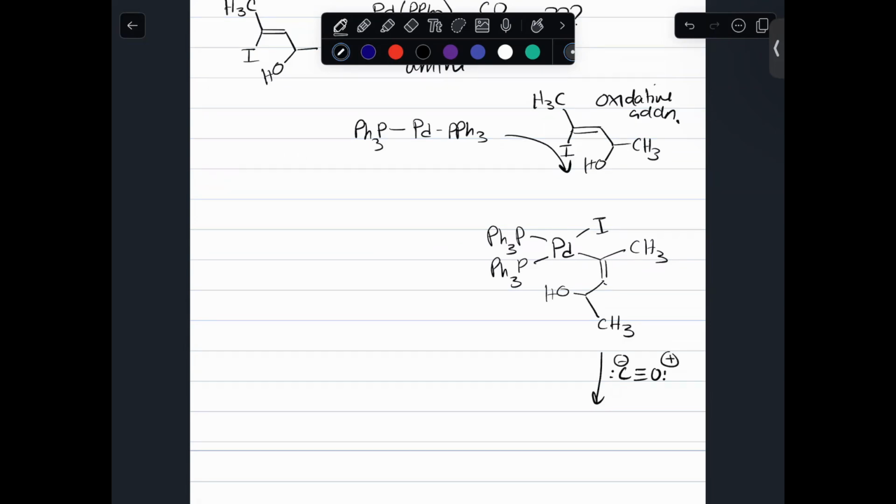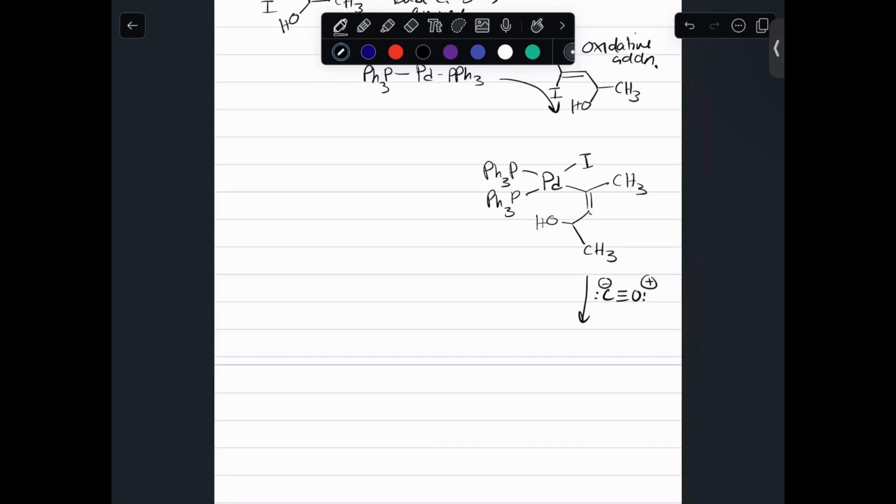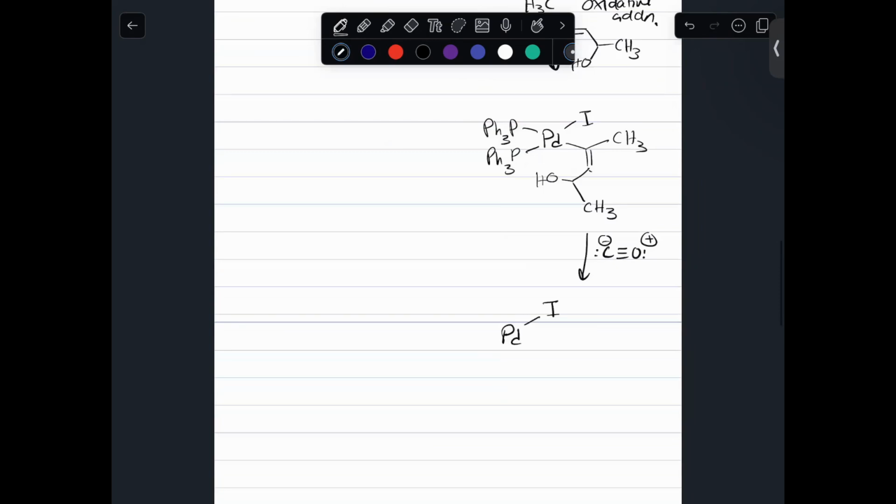And it complexes, of course, to the metal, to the palladium. It does a migratory insertion.